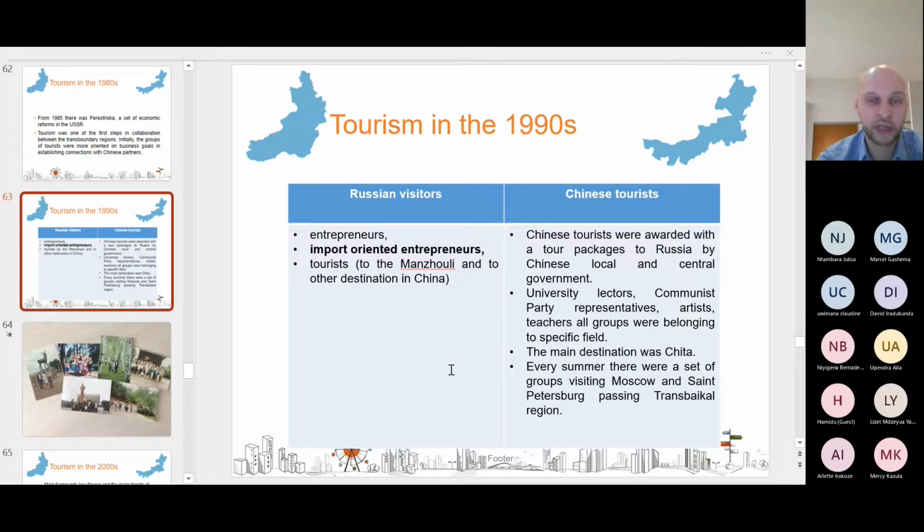Like the biggest matryoshka, nesting doll. Do you remember I asked you to guess where the biggest nesting doll is located? And it is located in Manjoli, in the Chinese city on the border, in the park named Matryoshka or Nesting Doll Park.